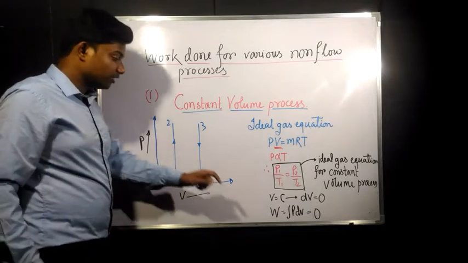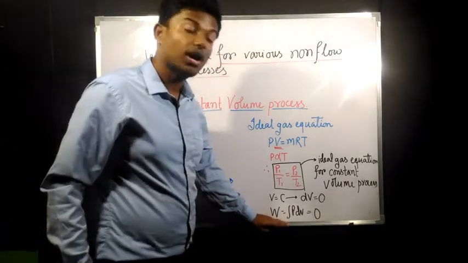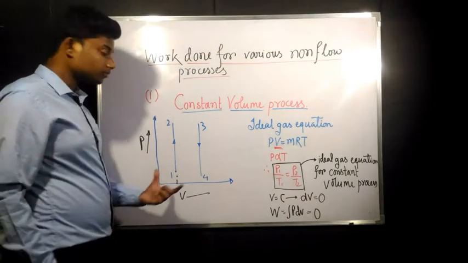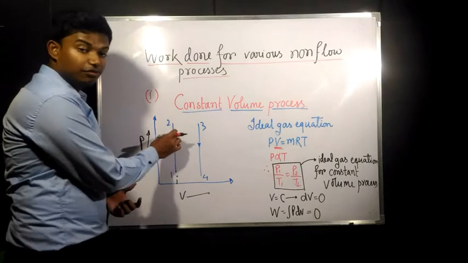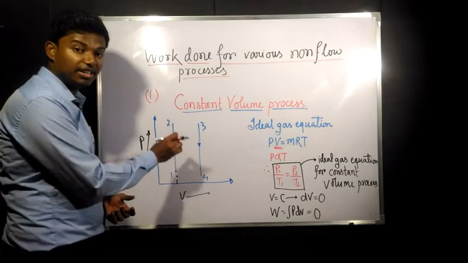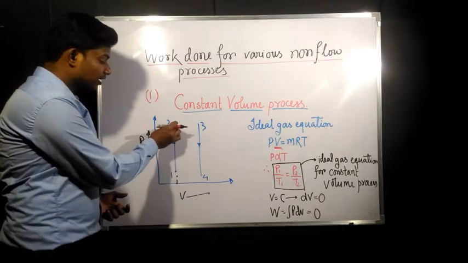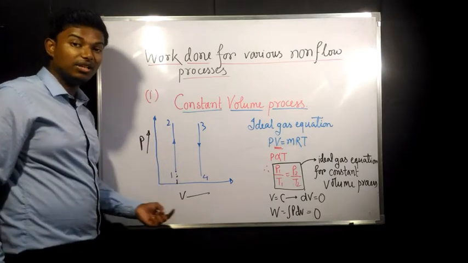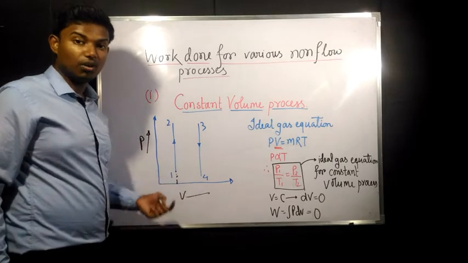Now we have proved that the work done for a constant volume process is 0. If we project the plot on the volume axis, the area will give us the total work output.